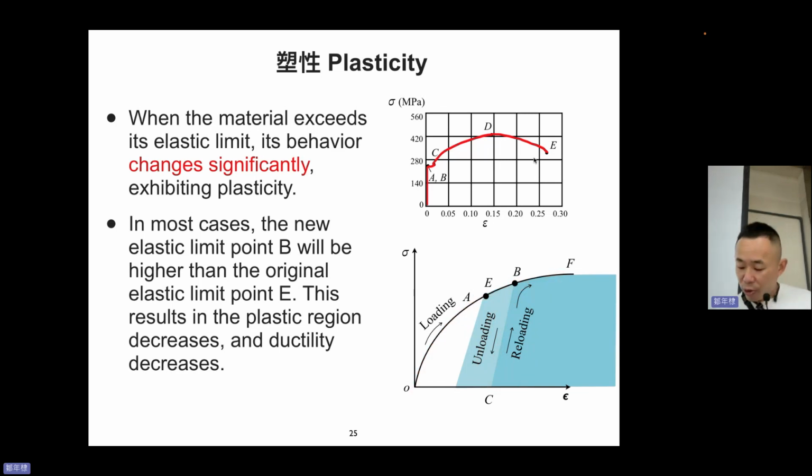As we mentioned before, this darker blue region is called the plasticity region. It retreats and retreats, and while it is retreating, your residual strain gets higher and higher. Okay, that's it.